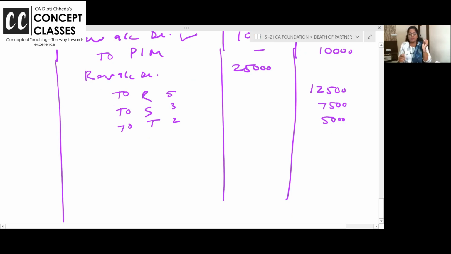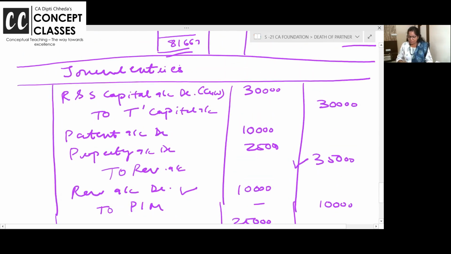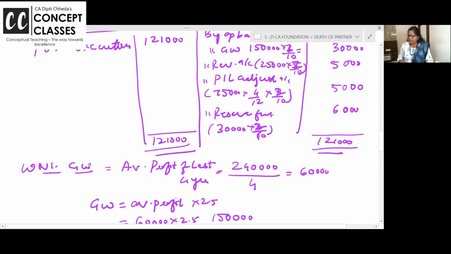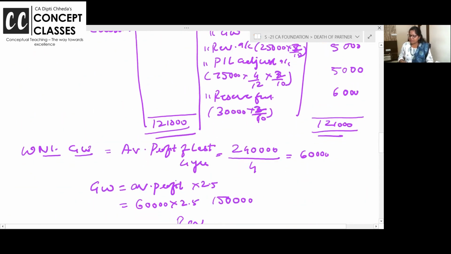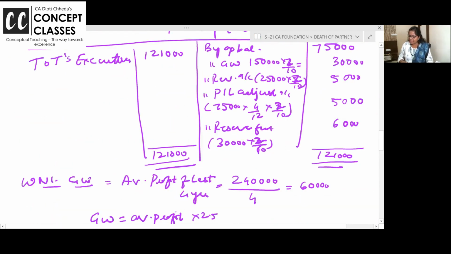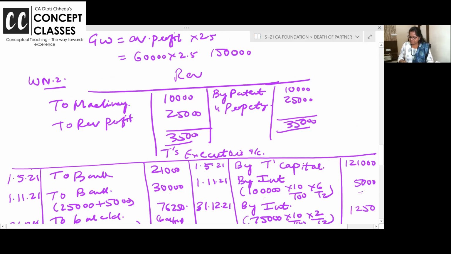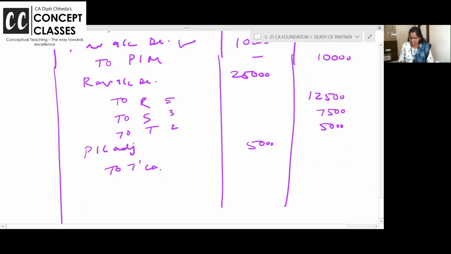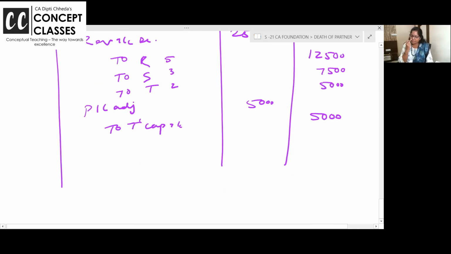Chalo. After revaluation profit, we will give him routine years profit. 5,000. 5,000 profit we will give. And how much reserves to give? 6,000. P&L adjustment account debit to T's capital account 5,000.